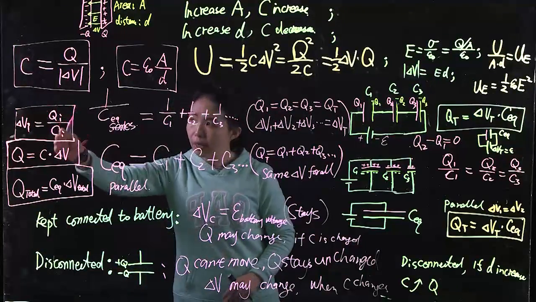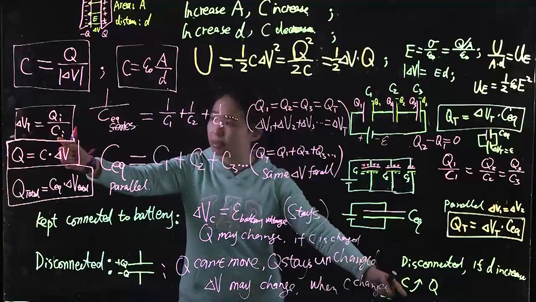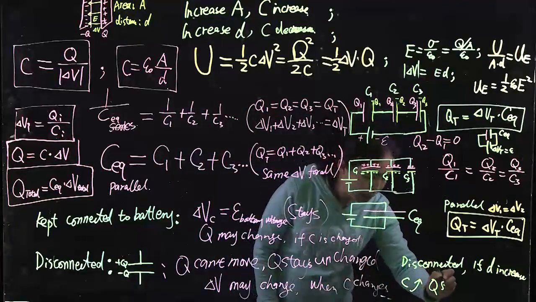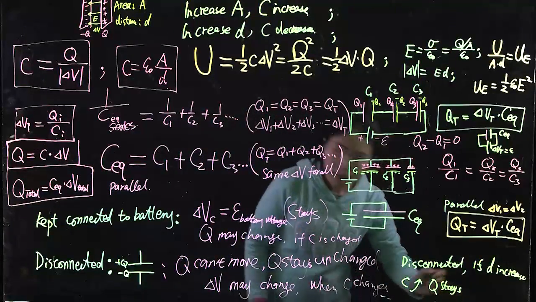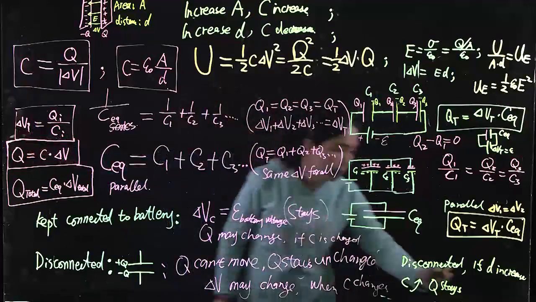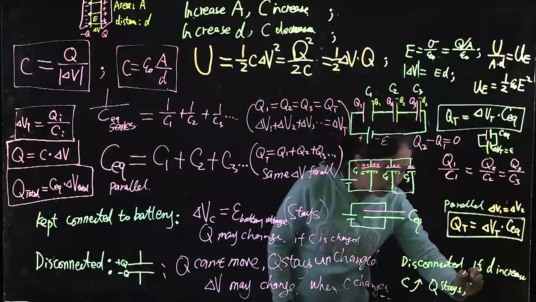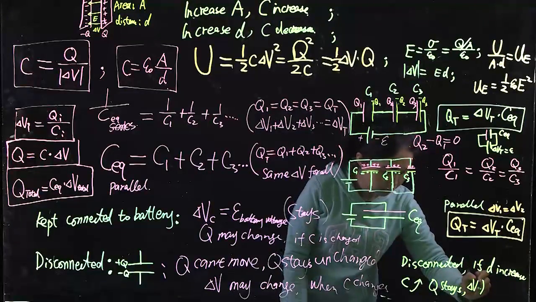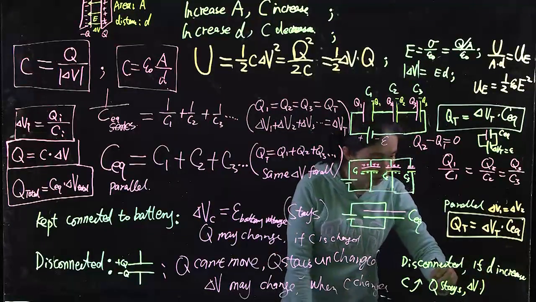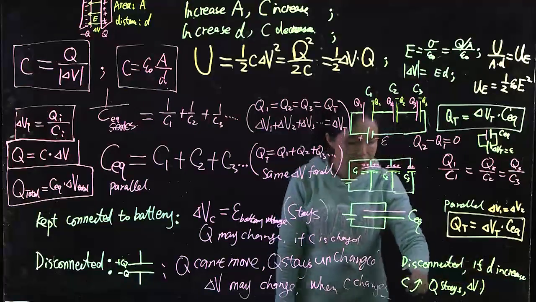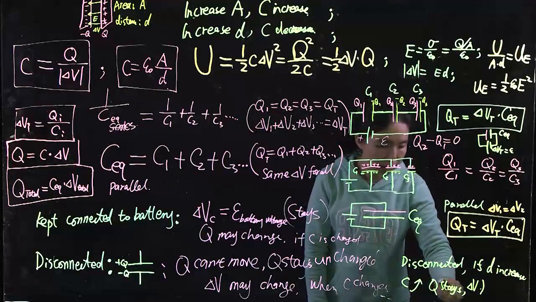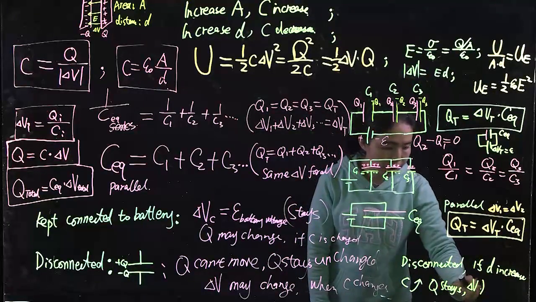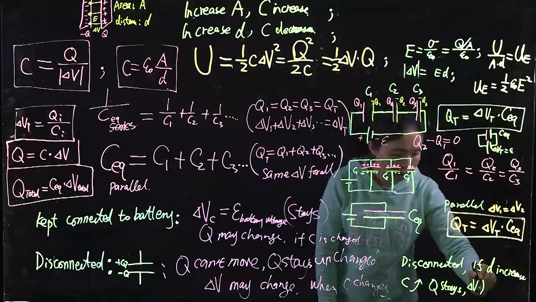Charge is the same. C increased, Q stays. That means your voltage between these two plates, delta V, has to decrease. No, sorry. If you decrease the distance, C is going to increase, Q is going to stay, and the voltage difference is going to decrease.